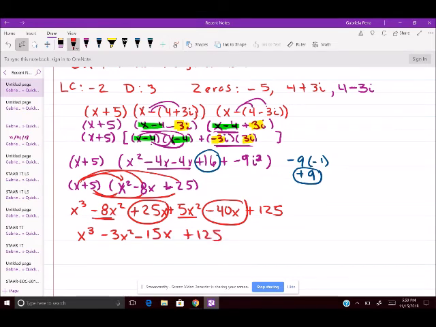So I have done everything. This will be one of your answer choices, but it's wrong because please don't forget we have a leading coefficient of negative 2. So everything has to be multiplied by negative 2. So this becomes a negative 2x cubed, a positive 6x squared, a positive 30x, and a negative 250.